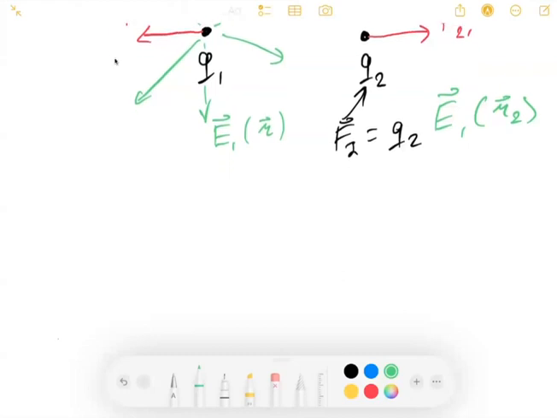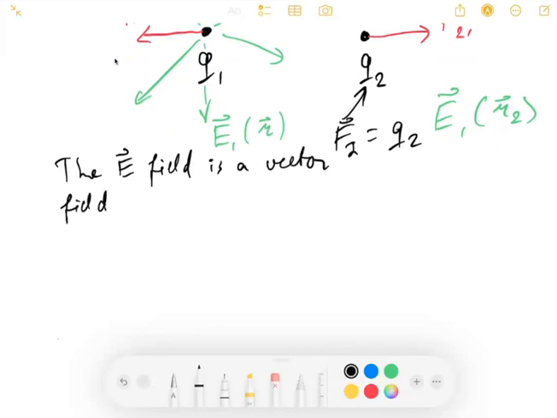Now, it is a vector field, so the E field is a vector field, which means that fundamentally it's a vector, which means it has a direction as well as a magnitude.